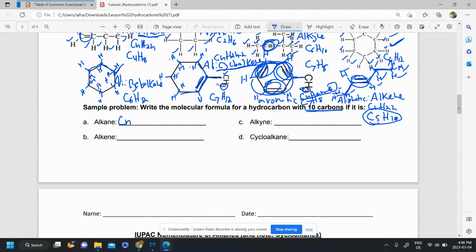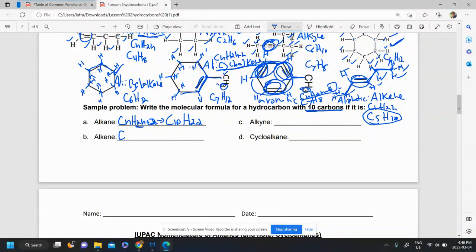We know alkanes are CnH2n plus 2. So if we want 10 carbons, that would mean we have C10, because n is 10, number of carbons, H. So 2n is 2 times 10, which is 20, plus 2, C10H22.